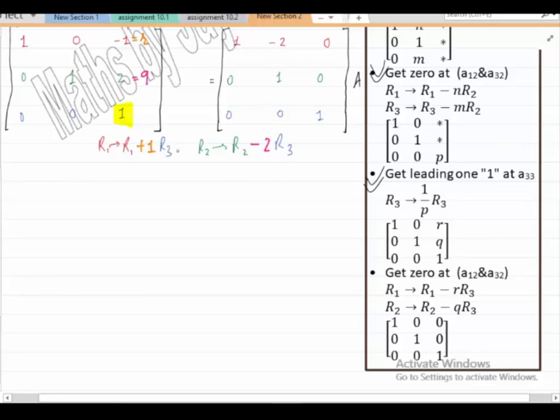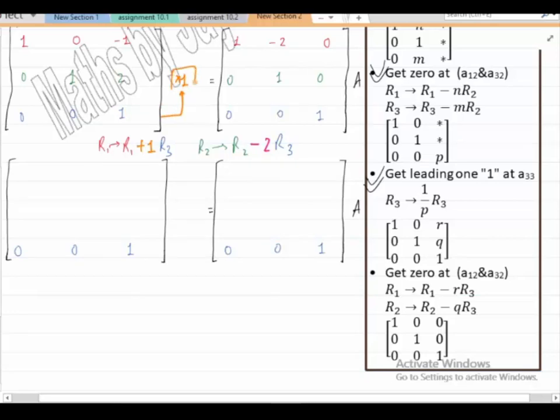And in both operations our third row is as it is, so let's write down the third row as it is.